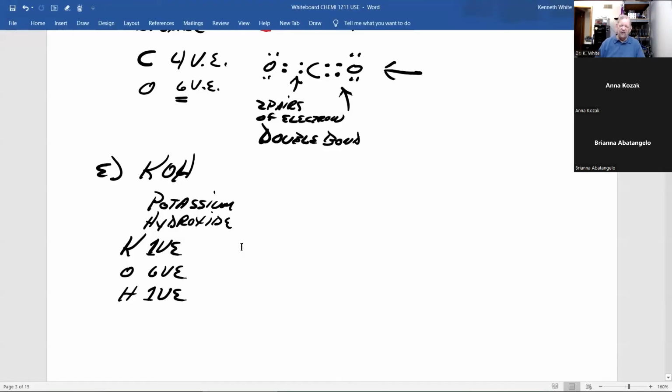So how do we show that? Like this. Now, oxygen has 6 valence electrons. Hydrogen has 1. And the hydrogen atom says to the oxygen, I have 1, you have 1, let's share. And they do.